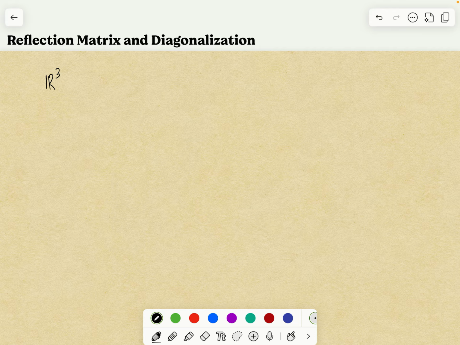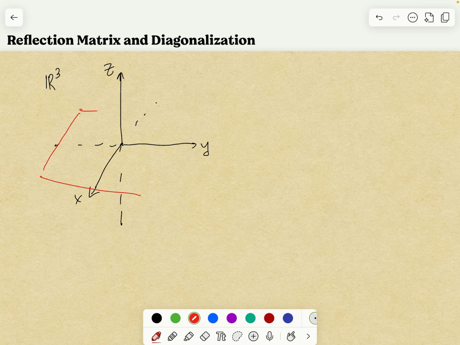So let's say that you have a plane in R3. So for example, the XY plane. So here's the XY plane. Well, what it means to reflect a vector about the xy plane is if you have a vector like here, let's say this vector is 1, 2, 3, reflecting about the xy plane will take your vector directly across the plane, so it would be the mirror image.